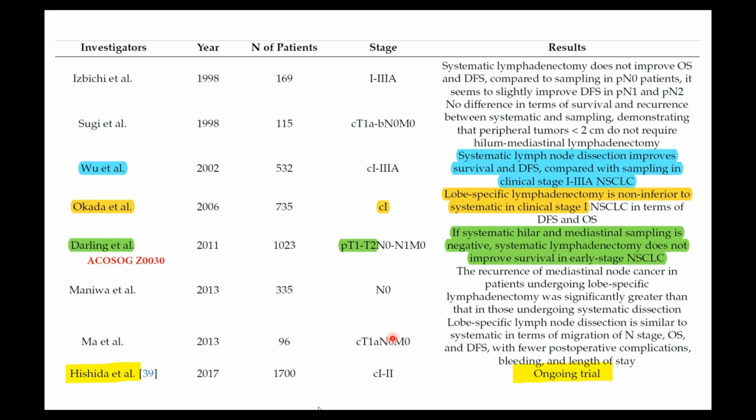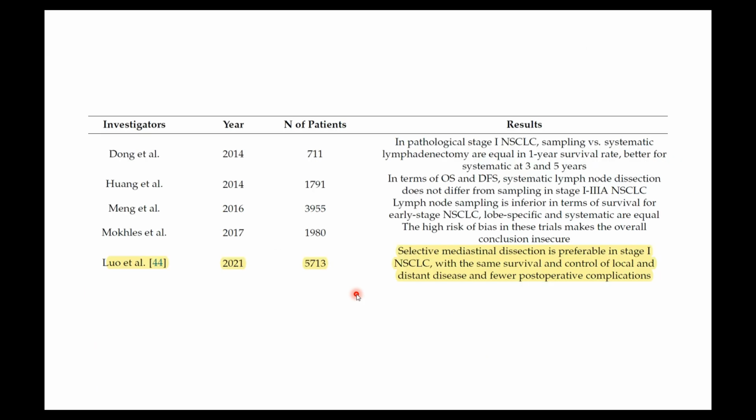This is an ongoing trial in Japan. The results are expected in 2026, and this will shed more light on the non-inferiority of lobe-specific lymphadenectomy for early stage tumors. So these are some systematic reviews and meta-analyses.